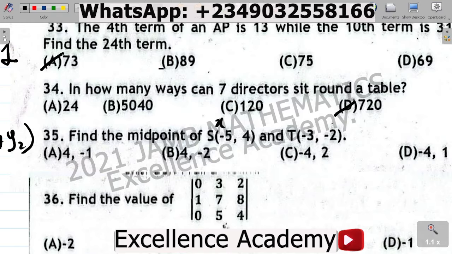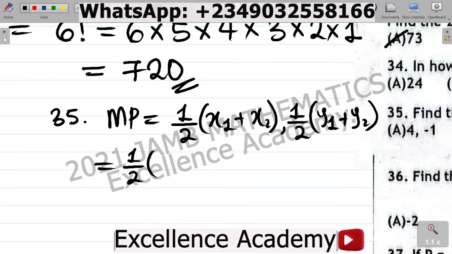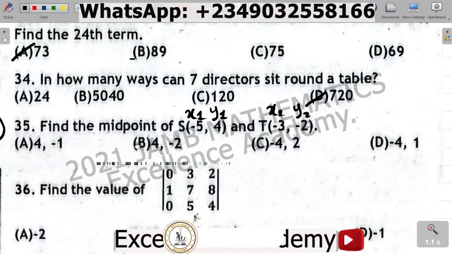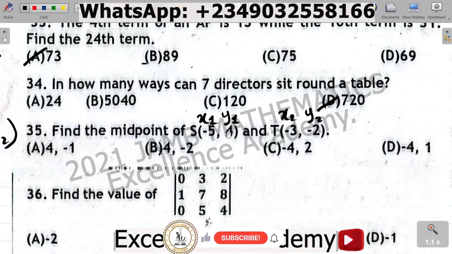Let me write it better. So this is x1, this is y1, this is x2, this is y2. In essence, x1 is minus 5, x2 is minus 3. So it becomes half of minus 5 plus minus 3, comma, half of y1 plus y2. y1 is 4, y2 is minus 2.